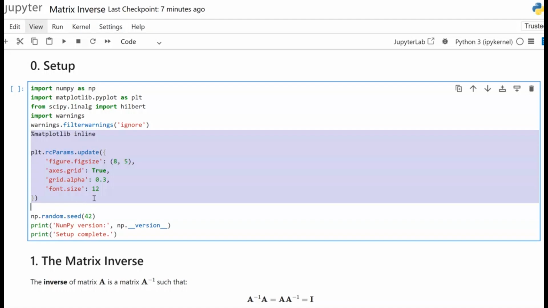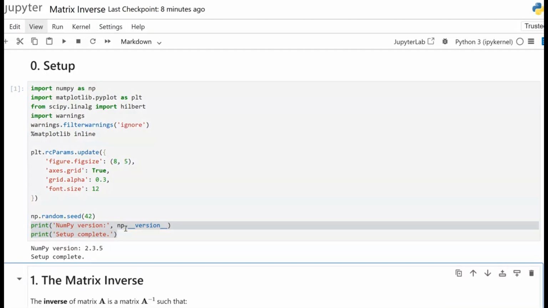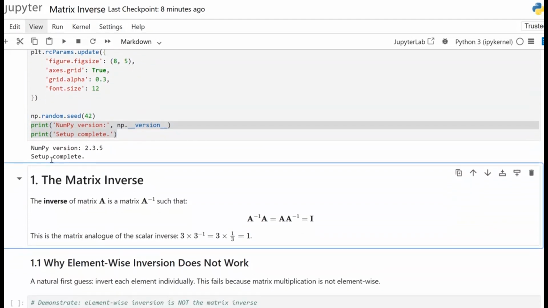And the font size for all text in the plot is 12 points. Closing the dictionary applies all the configuration updates. Let me execute this. Yes, we have the NumPy version as 2.3.5.